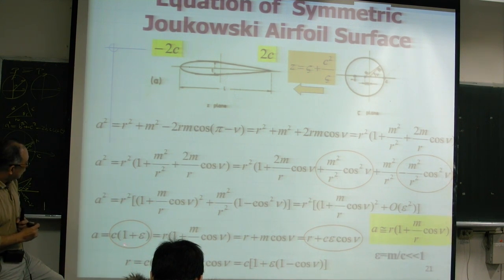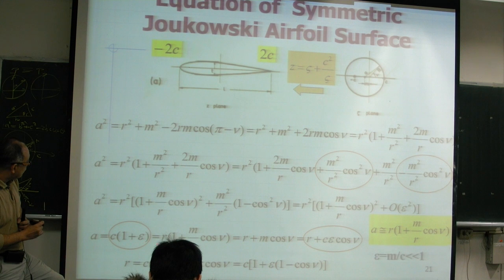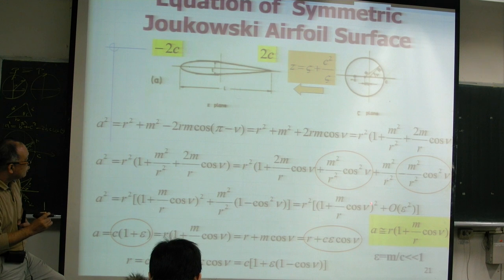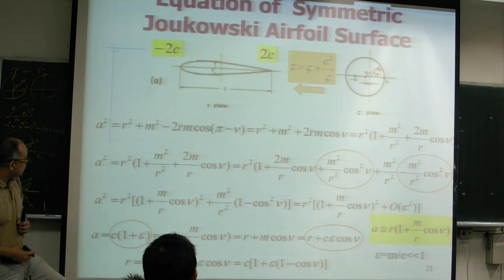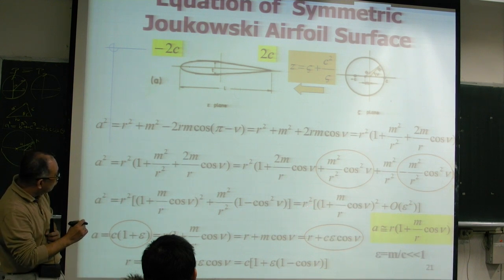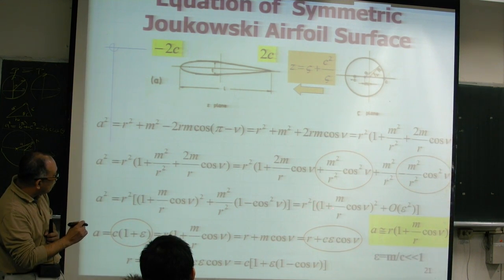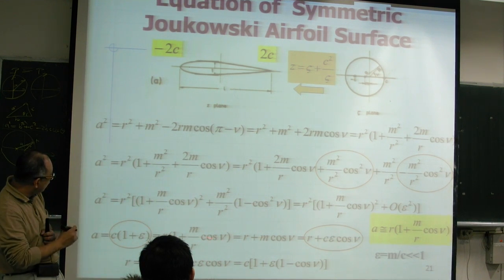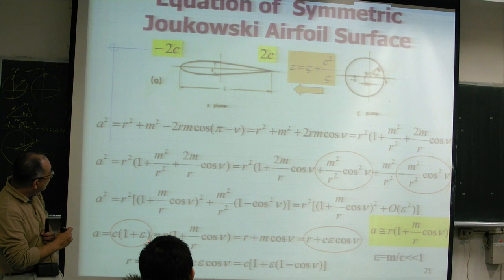So a will be equal to this, and then a squared is equal to this. So a is equal to r times 1 plus m over r cosine mu. So this is a again, and we have this relationship.